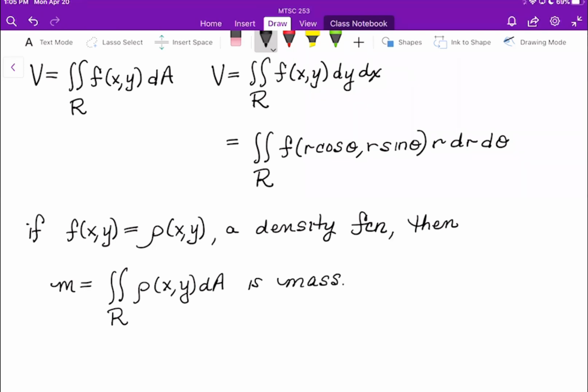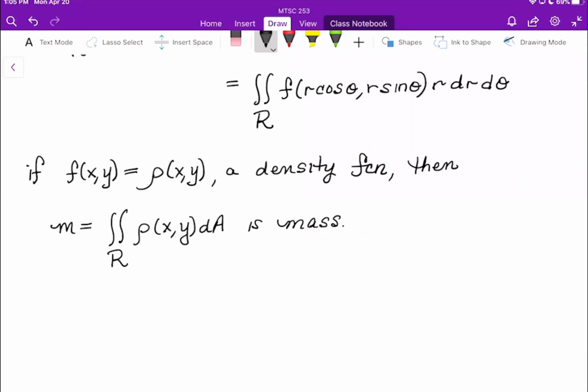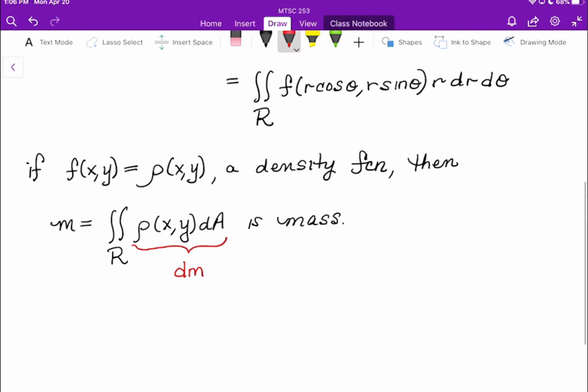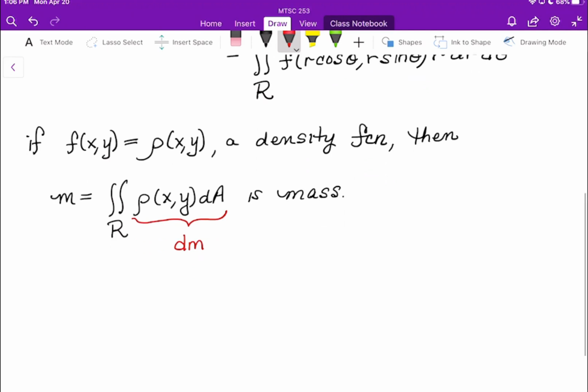So that means that we're going to now have, I'm going to define this piece right here to be dm. So that implies then that the mass is the double integral over the region dm.